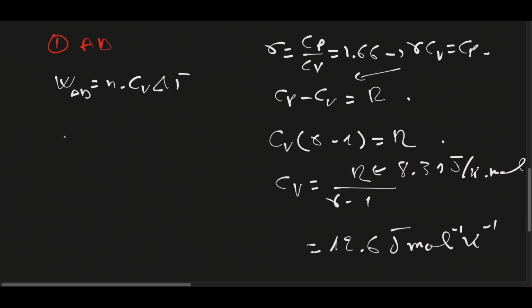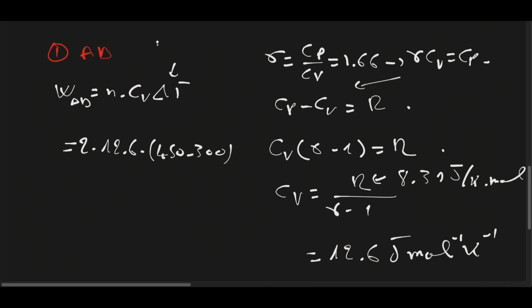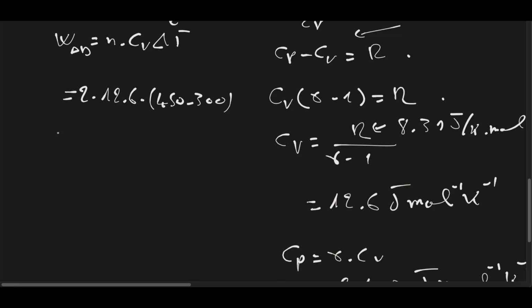So here we replace for the work 2 times 12.6 times 450 minus 300, because here we have T in state B minus T in state A. And here it is positive, so we get a value of 3.78 kilojoules.